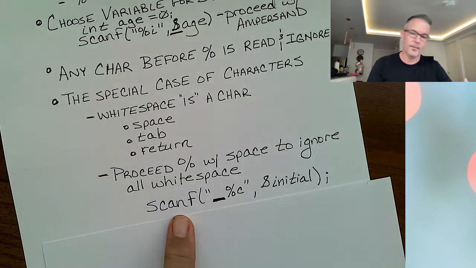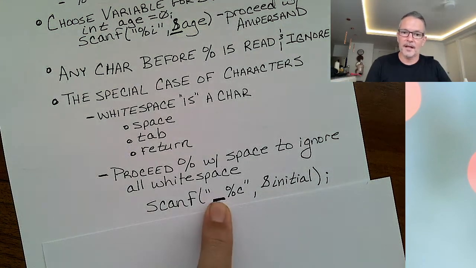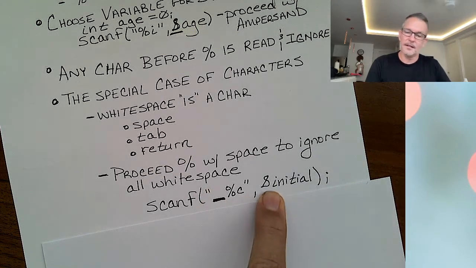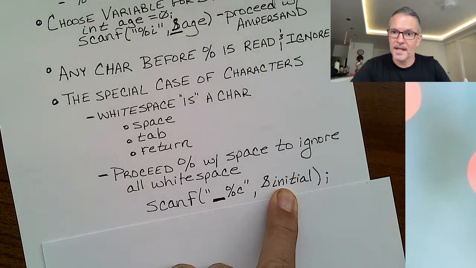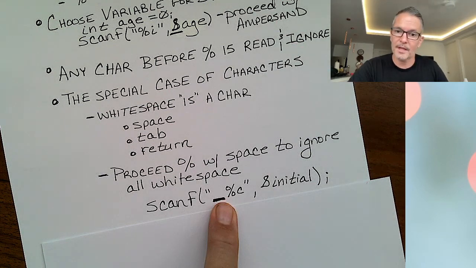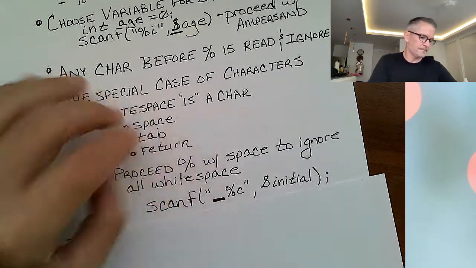So look at the example. scanf, and then I've underlined it here to make it super clear, a space %c. Then I put in ampersand and the variable initial. So I'm saying read in a single non-white space character. This will cause all white space to be ignored.